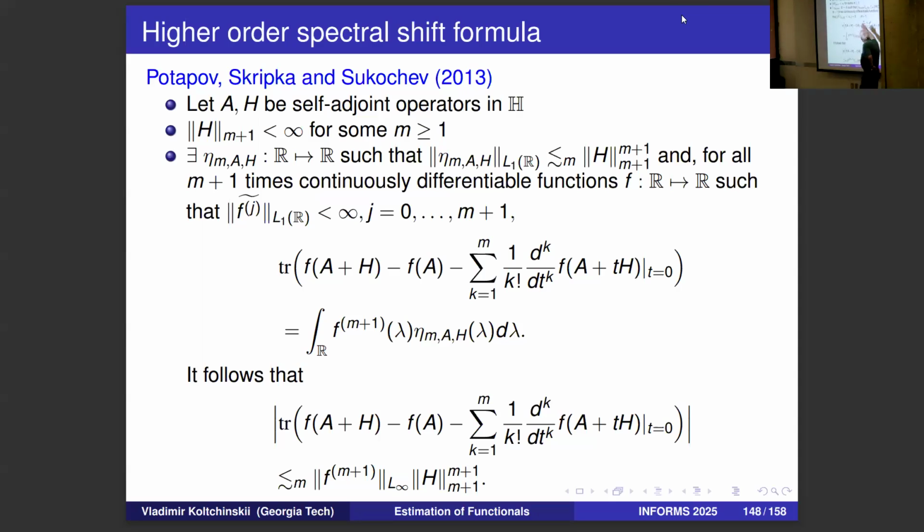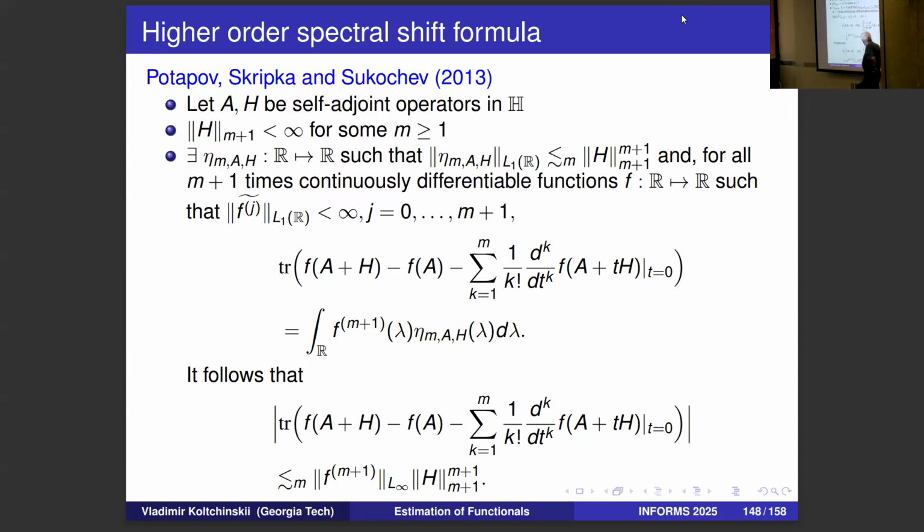A paper with the solution of this problem was published in 2013 in Inventiones, which tells that you will have this type of decomposition with higher order spectral shift function under more or less the same assumptions under which Krein proved it for m equal to 1, the Lipschitz case.